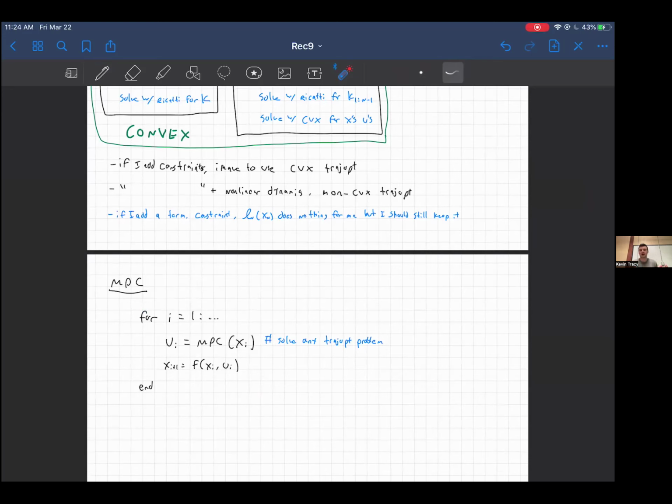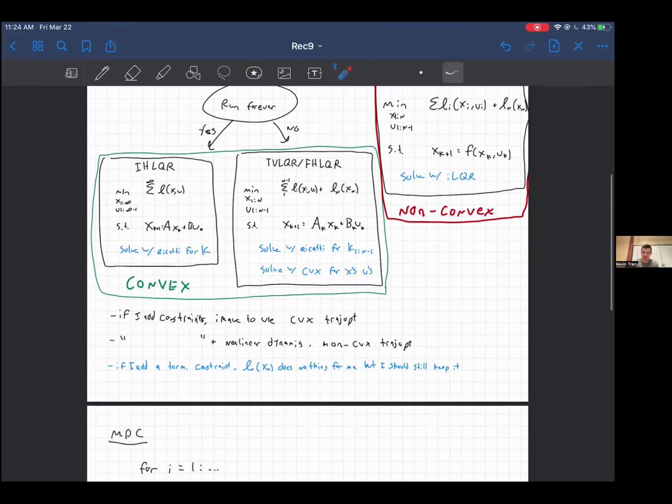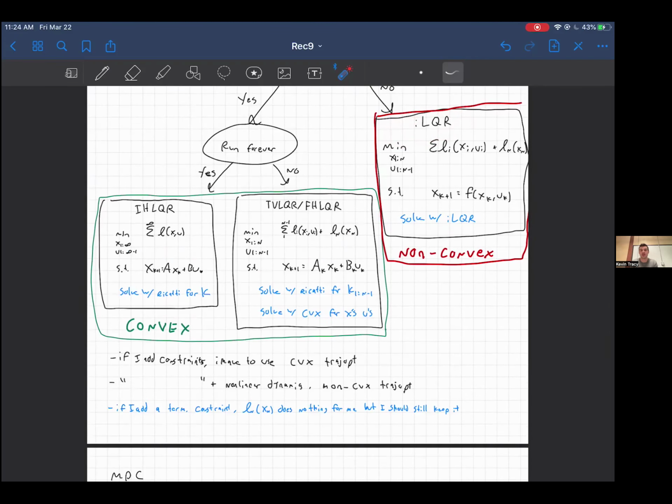If I feel like I have to resolve the problem because the assumptions I used when I first solved my ILQR problem are poor, I will resolve ILQR. But the point that you're making is totally valid. If I'm just tracking a reference that I created with ILQR, I don't have to use MPC, because ILQR gives you a feedback controller for free that tracks the X's and the U's. Right. Okay.